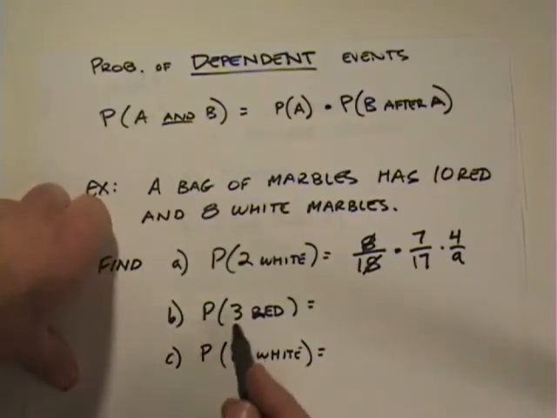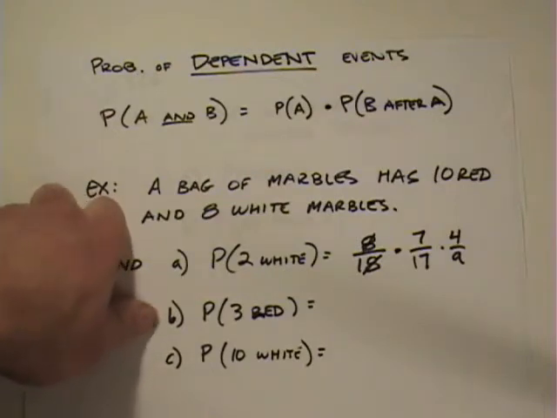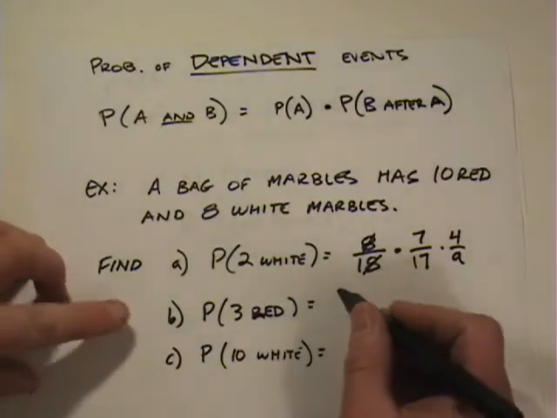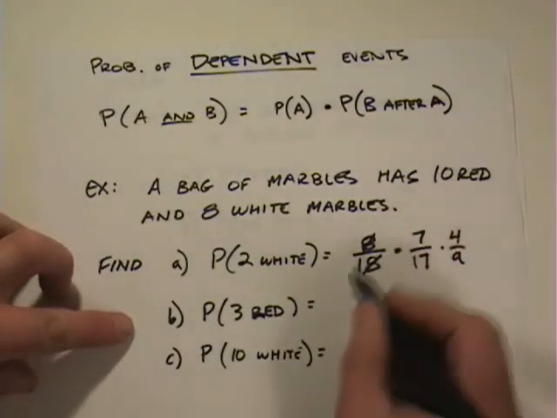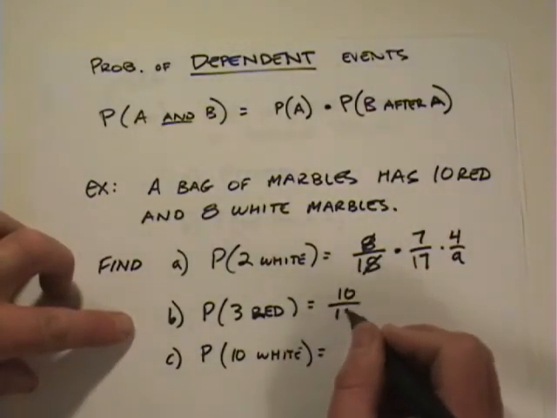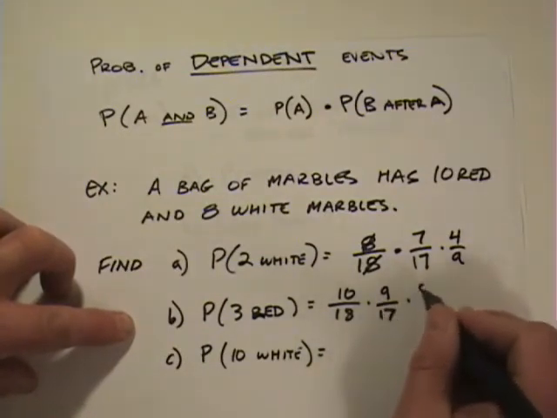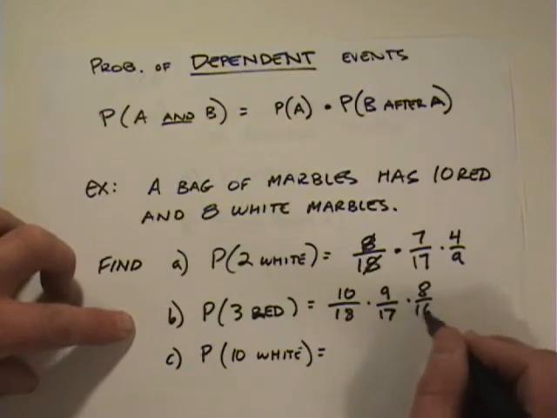Alright? What's the probability of 3 red? Why don't you pause the camera, figure it out, come back and check. Alright? So you're back, and red marbles, there are 10 of them out of a total of 18, and then there'll be 9 out of a total of 17, and then there'll be 8 out of a total of 16.